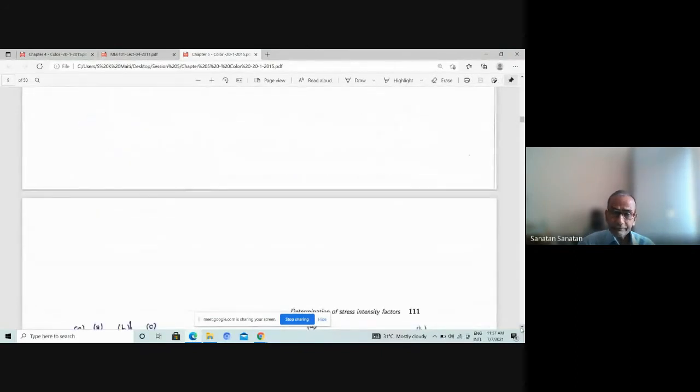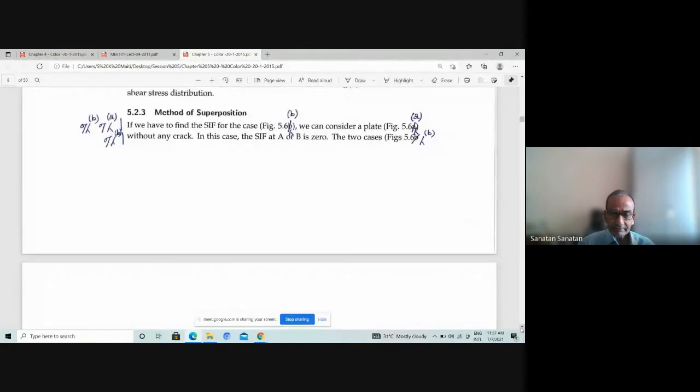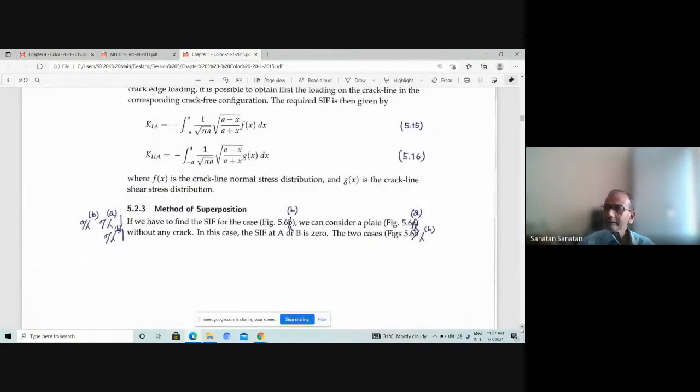Many times, the stress intensity factor can also be obtained by a cunning method like the method of superposition. The method of superposition is a strategy which can be utilized to find solutions for unknown situations, knowing some solutions which are readily available.